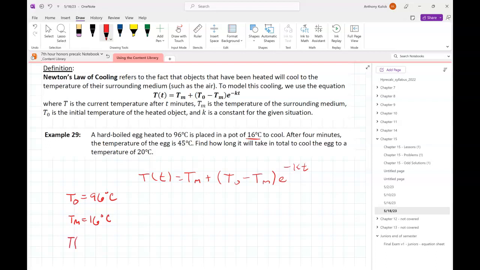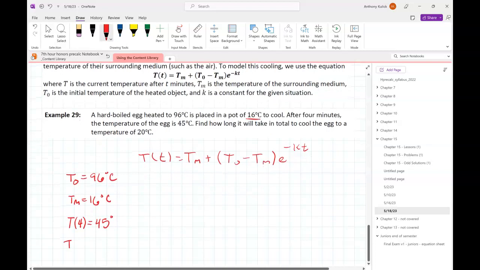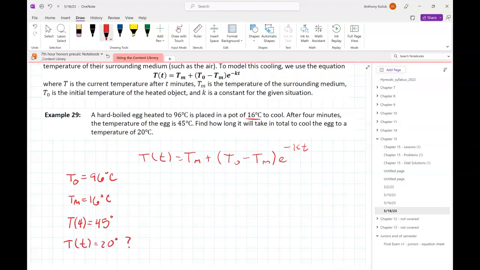That means that T of 4 would be 45 degrees, right? Everybody's cool with that? And then it asks, how long will it take to cool the egg to a temperature of 20 degrees? So are we just calling 45 T of k? That's exactly right.